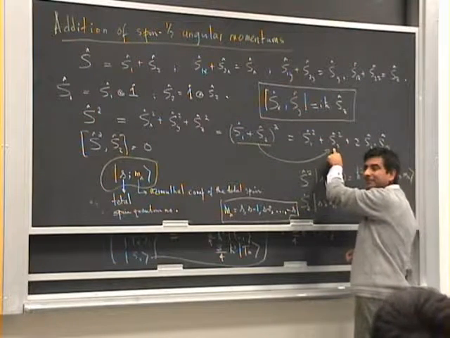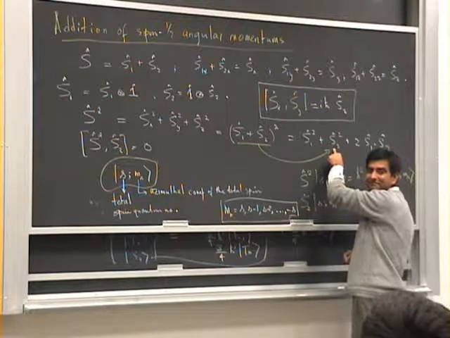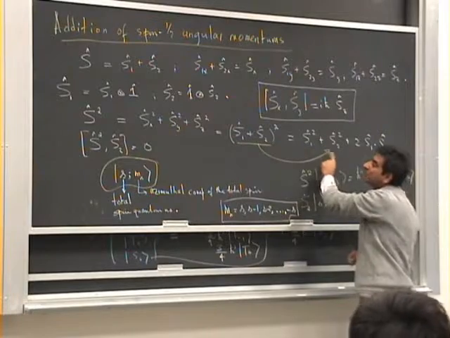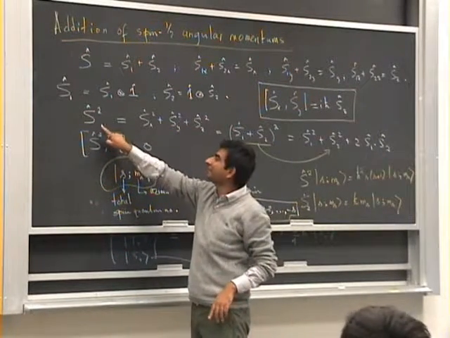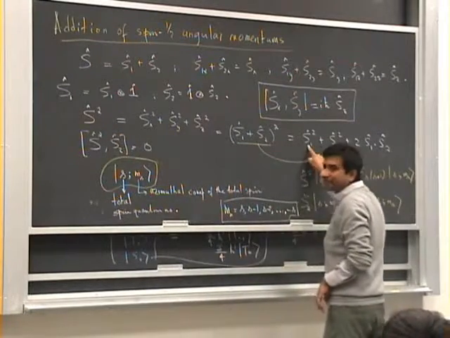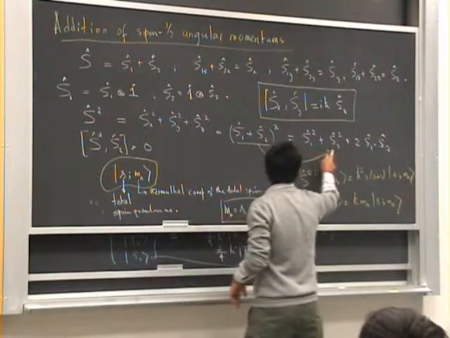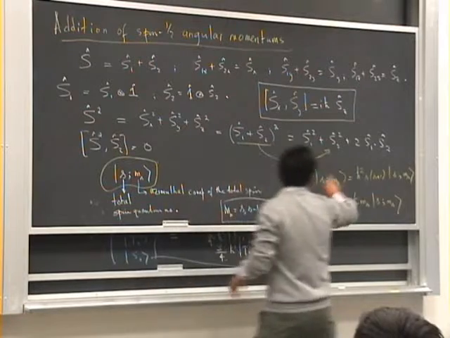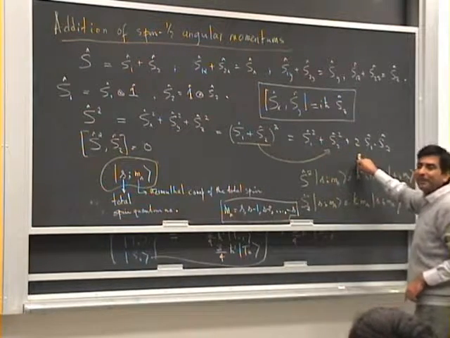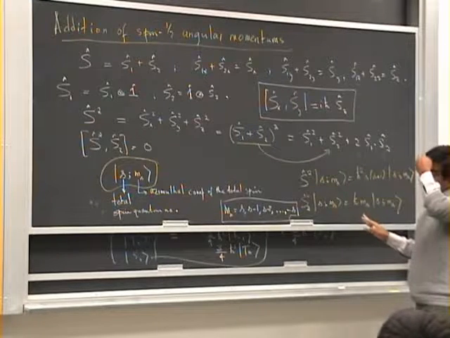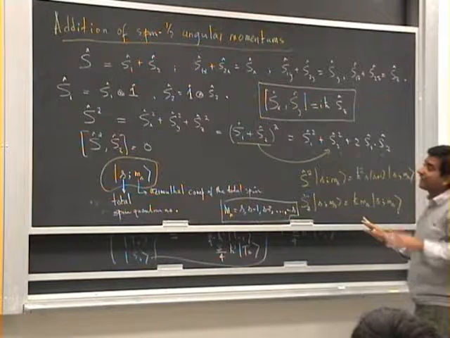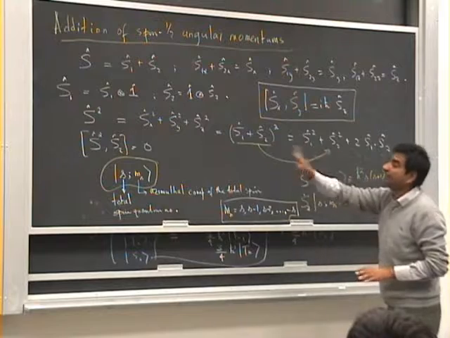They are also eigenstates of S2 squared. So they must also be eigenstates of S squared. In other words, S squared commutes with S1 squared, S squared commutes with S2 squared, S squared commutes with S1 dot S2, and all of them mutually commute. So the four basis states that we found are actually joint eigenstates of all of these operators.